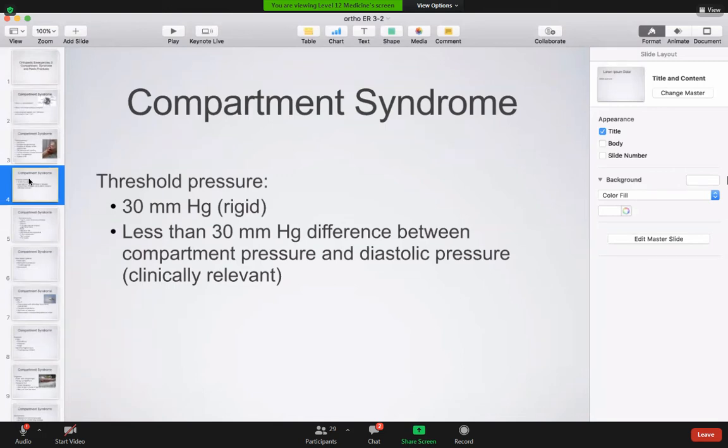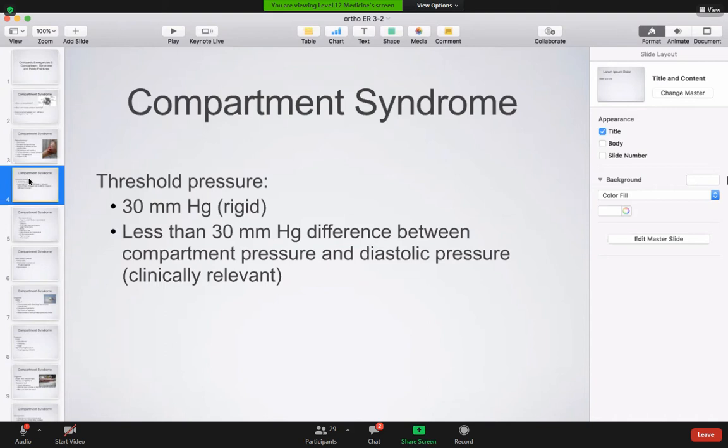And also you can measure the difference between the diastolic pressure and the intracompartmental pressure. If the difference is less than 30, that means the patient is having compartment syndrome, or the blood supply to the limb is jeopardized.